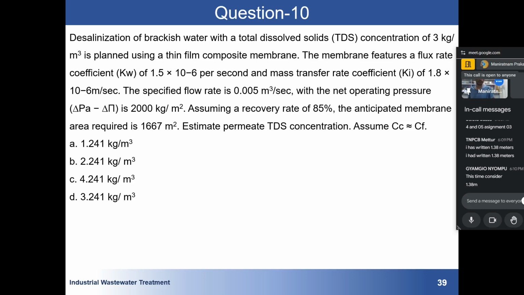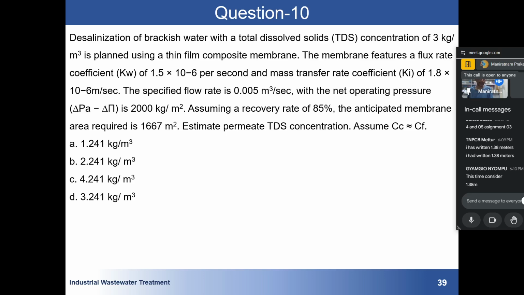So you can see in 1 meter cube, 3 kg of salt is there. Very high TDS. It is planned using a thin film composite membrane. The membrane has a water flux coefficient Kw of 10 to the power minus 6 per second, and mass transfer Ki is 1.8 into 10 to the power minus 6 meter per second. The specified flow rate is given in meter cube per second.